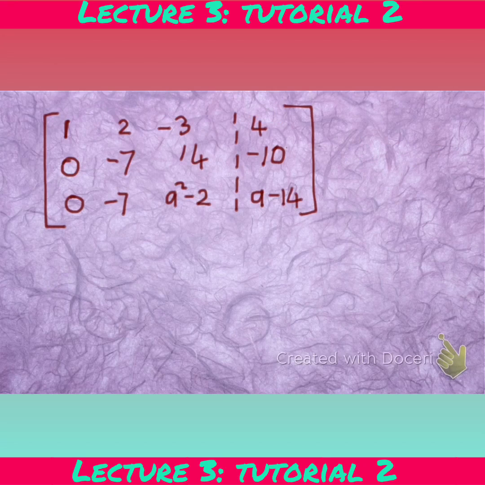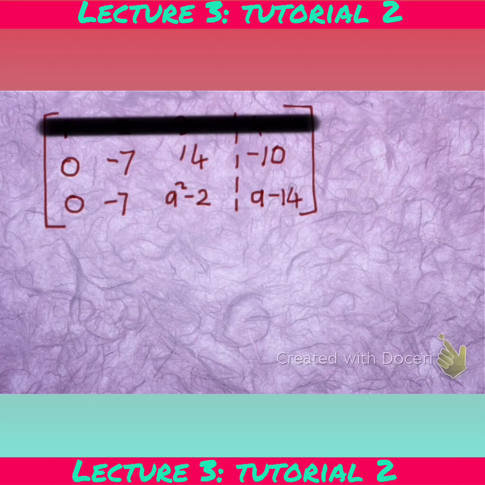Right, so now you've created your leading entry in your first row. Now we need to move on to the second row. You choose the leftmost column that has at least one non-zero entry. It's not that one, it's this one here. Now we look at a non-zero entry below the black line.